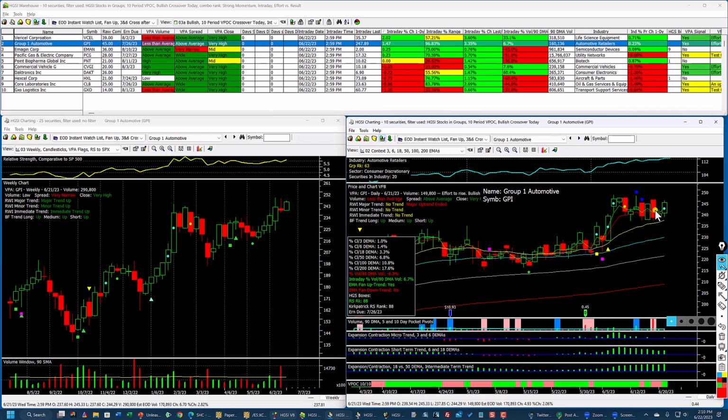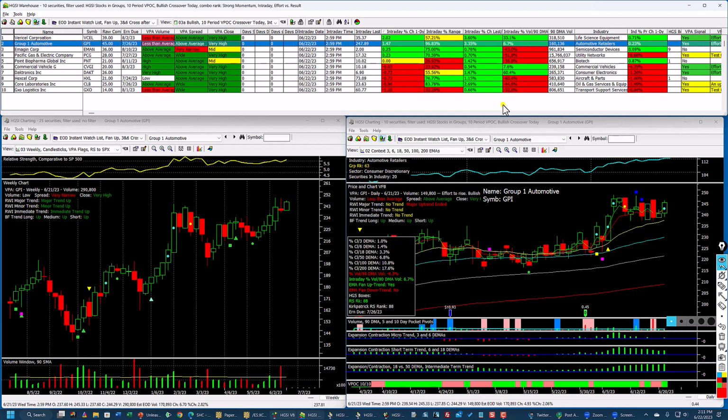Now, this is still congesting. This is an expensive stock, Group 1 Automotive. If I were interested in this stock, I would look and see if there is a potential credit or debit spread available so I could play this, because I'm not going to lay out that kind of capital to play a stock. I don't play that game.